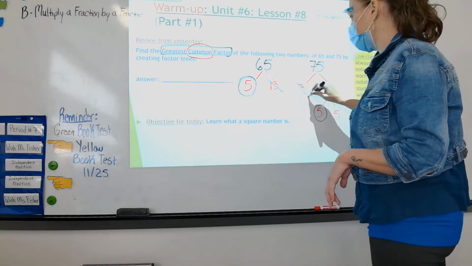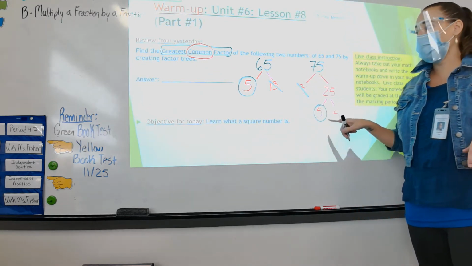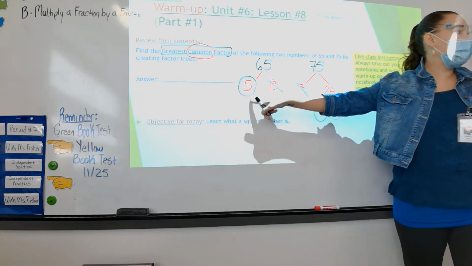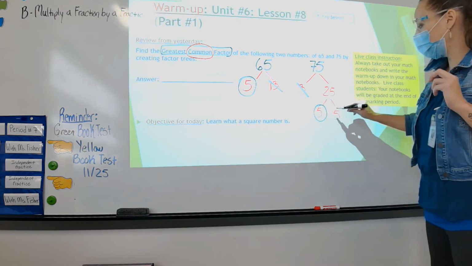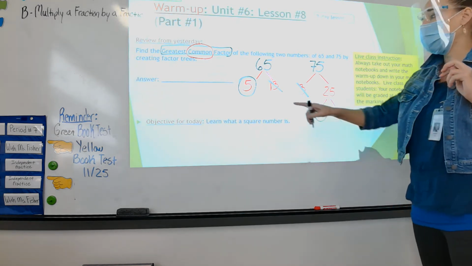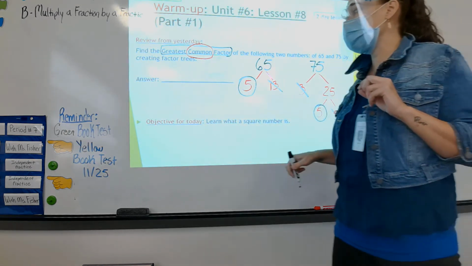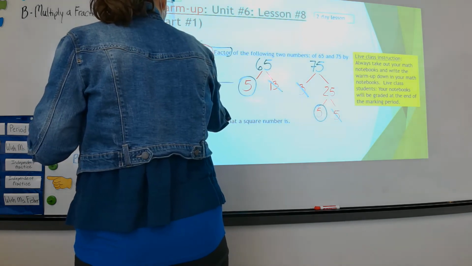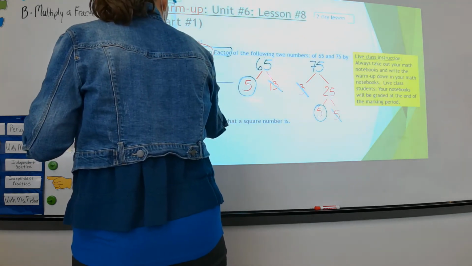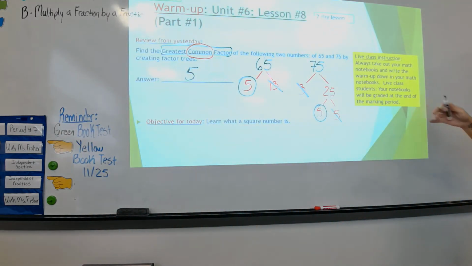I can't use the 3 because I don't have it in common. A 5 on this side, even though, yes, I have a 5 on this side, but do I have 2 5s on that side? No. So I can't use this 5. So they only have 1 5 in common. So their greatest common factor is 5. They only have 1 5 in common. Okay, again, this is just a review from your last lesson.